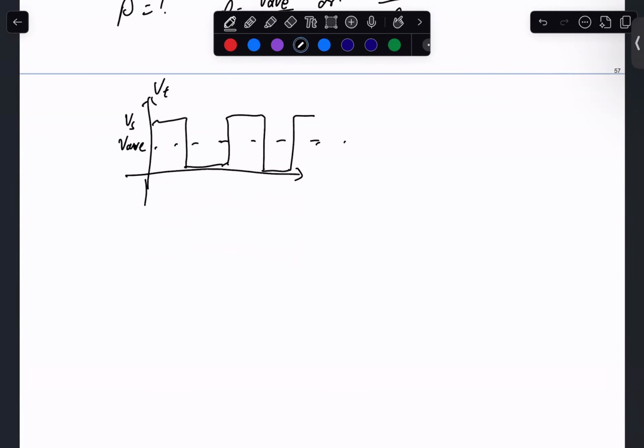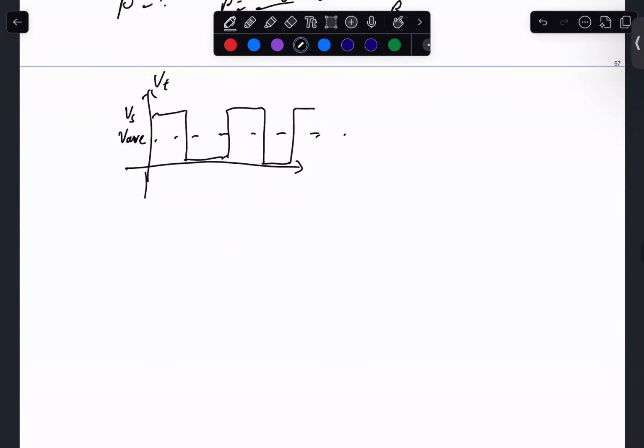What really happens in a circuit is we don't just have a switch here. We have a filtering element in the circuit, and the filter element connects to the load.